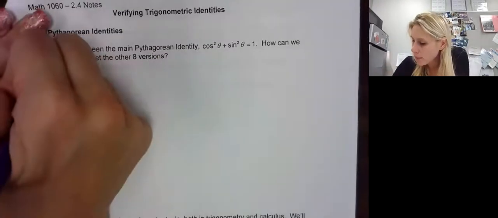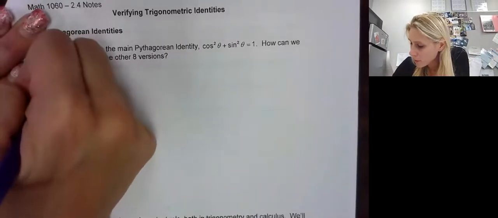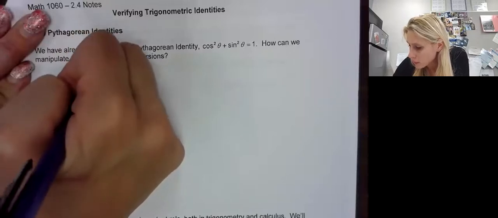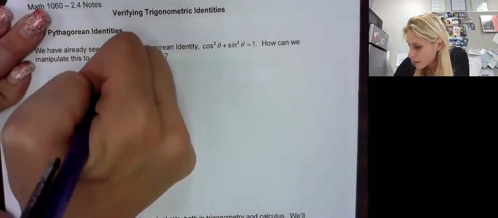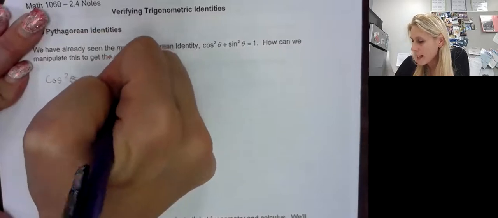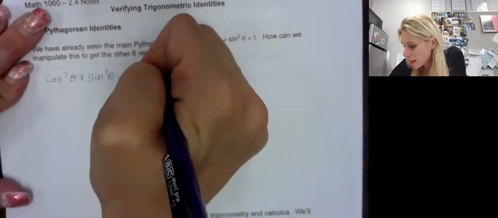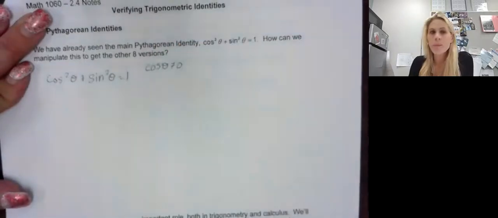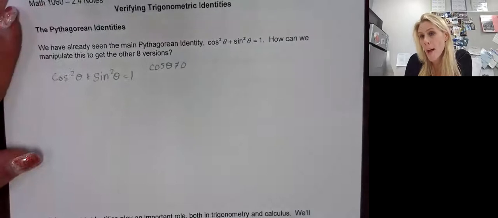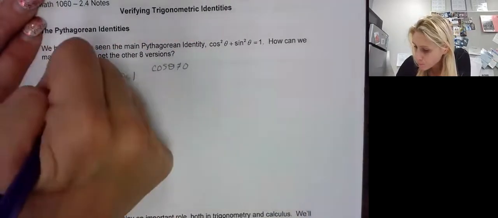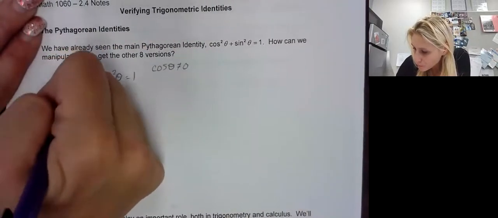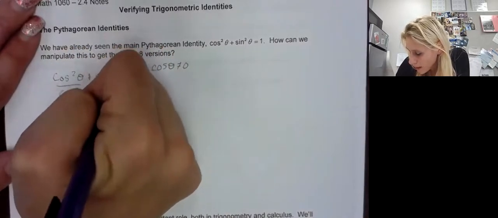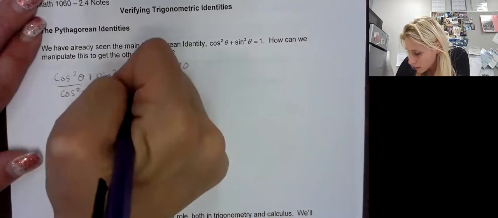So if we start with the Pythagorean identity here of cosine squared theta plus sine squared theta, and I assume that cosine theta does not equal 0, I can divide each term by cosine squared. Cosine squared, cosine squared, cosine squared.